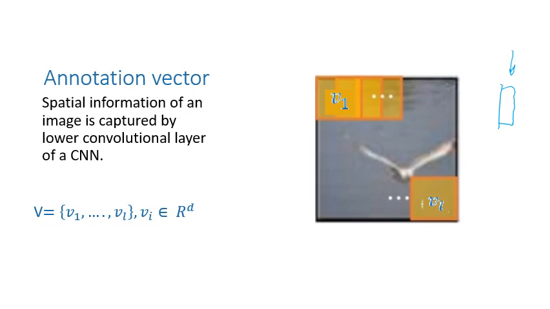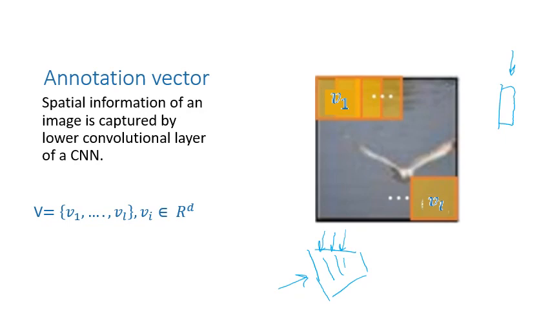But they used the concept of attention here. How did they use the concept of attention? They feed this image to a CNN. CNN has many layers, and they're using lower layers of the CNN as some sort of feature representation.